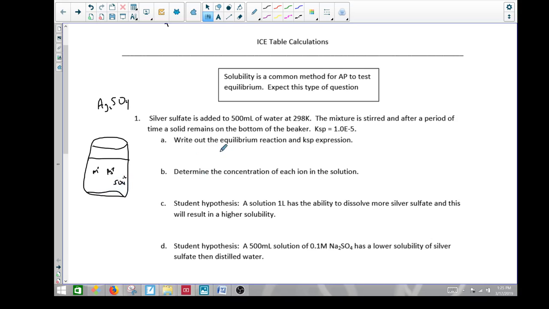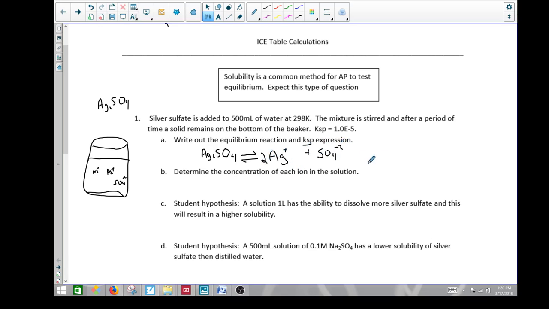For the reaction and the Ksp, we always start with our solid on the left. That's how Ksp works. So it's Ag2SO4 going to and from Ag+ and SO4 2-, and the 2 goes there.